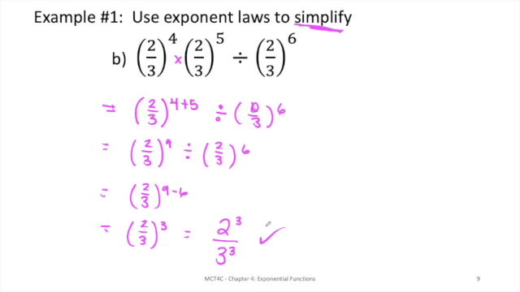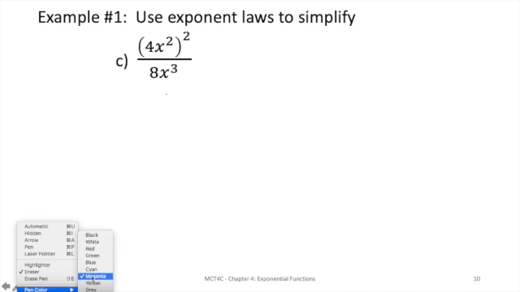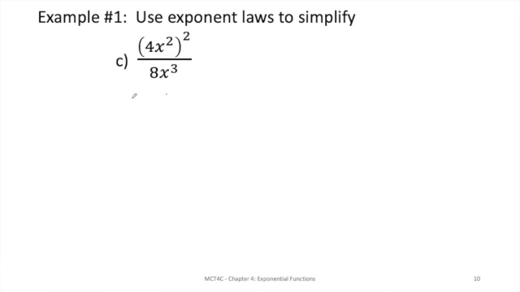Okay, so on to another example. We're still going to use our exponent laws to simplify. We can't evaluate this one because we have x's as bases. Make sure that you understand that, you can't plug an x in on your calculator to fully evaluate. So to start, use your power rule.